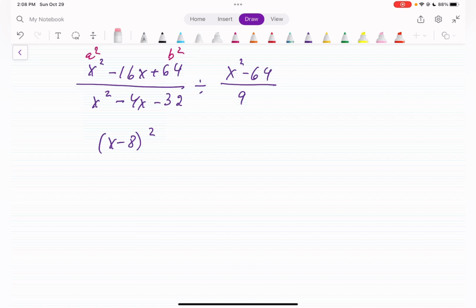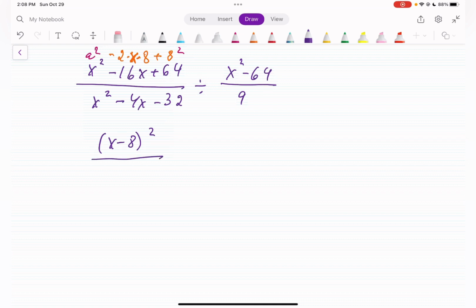And then here will be 2 times x times 8, which is minus, and here is plus, 16x. Therefore, we are getting x minus 8 squared.